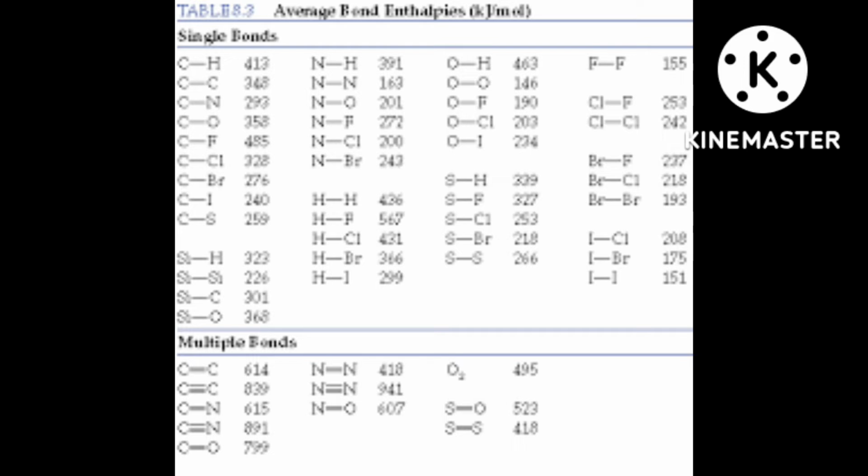The bond dissociation energy or bond energy is shown by delta, and below that you can write H-H, or Cl, or O. That is telling about the bond, focusing on the bond.